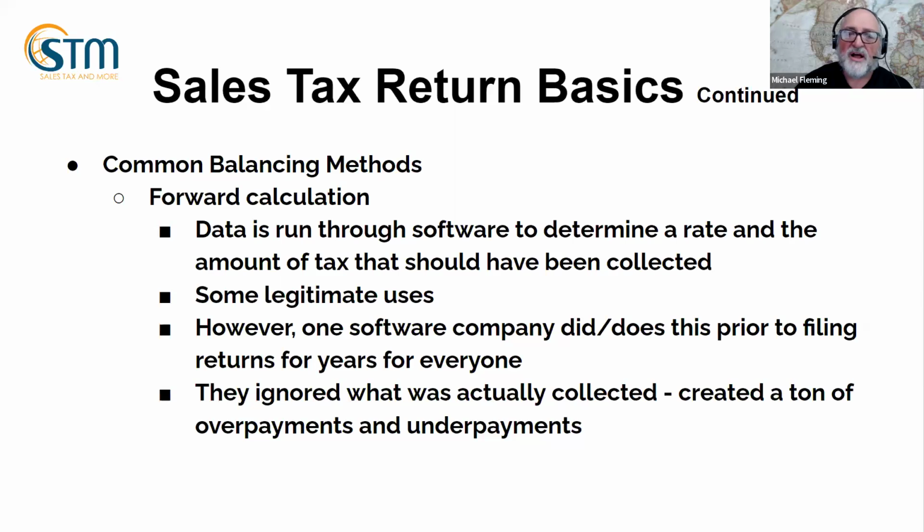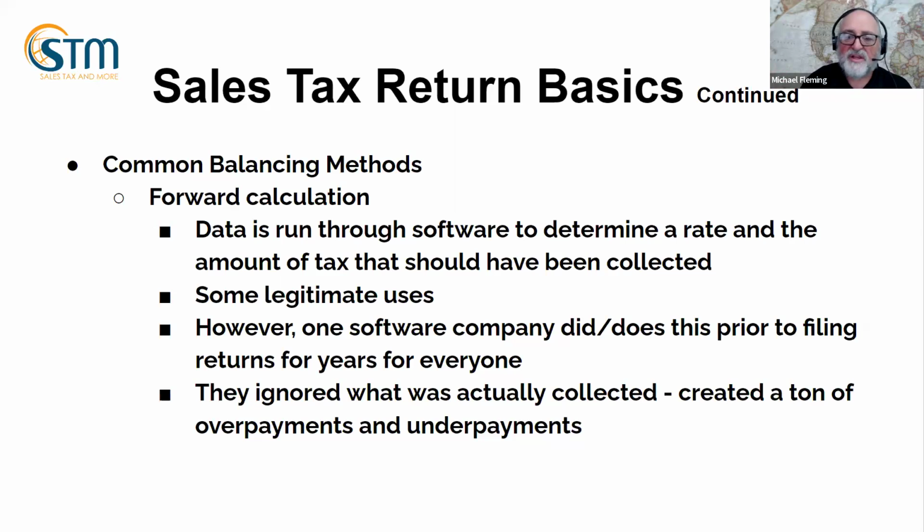We have a number of clients who are using these crowdfunding sources out there, and they know they need to be collecting the tax, but they don't know the exact amounts. So they put a number in there that they're going to use.